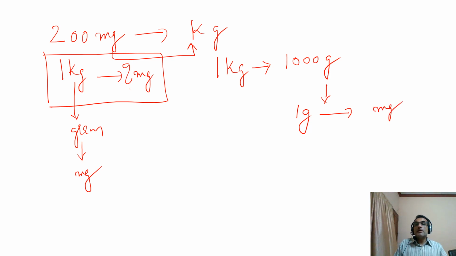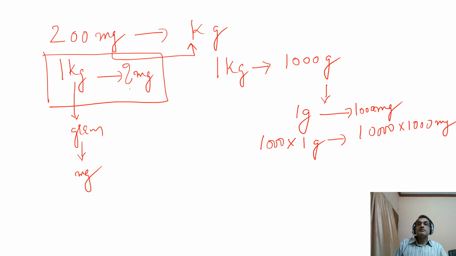So we all know 1 gram is equal to 1000 milligrams. So 1000 grams will be equal to how much? 1000 into 1 gram, that is equal to 1000 into 1000 milligrams, or 1000 grams will be equal to 10 raised to 6 milligrams.